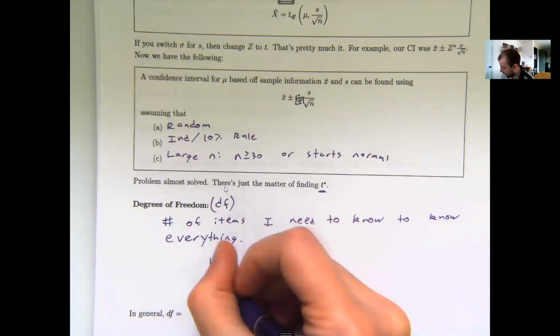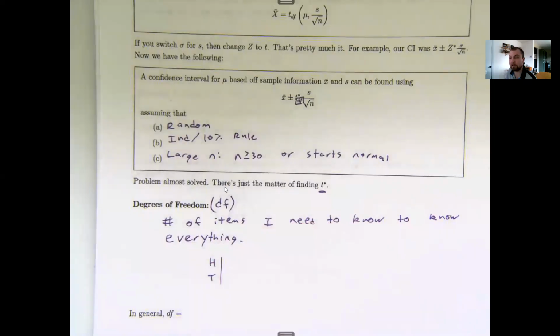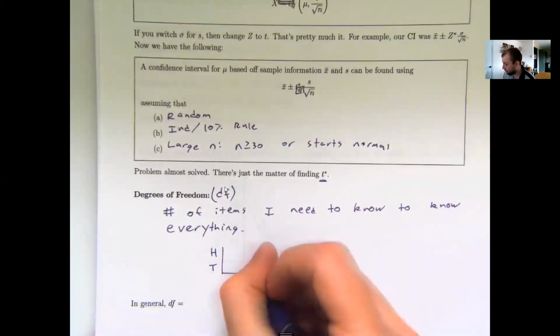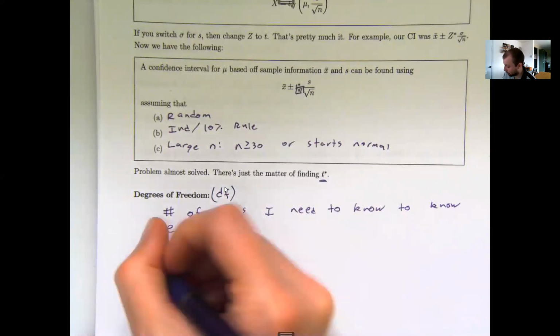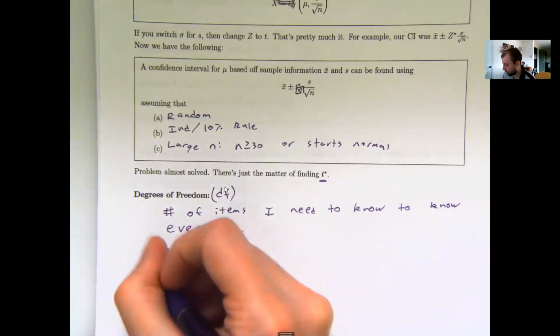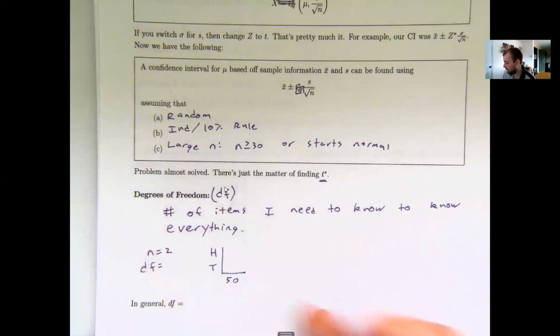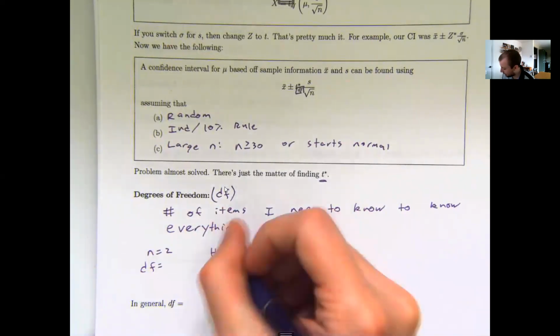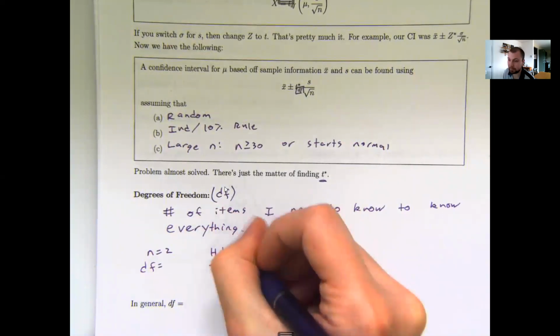So suppose I have a coin that I'm flipping, and it could be either heads or tails. And let's suppose I flip 50 times. So I'm working with n equals 2 categories, and I'm wondering what the degree of freedom is. It could be 25-25, but it doesn't have to be perfect 50-50. So let's suppose I flip a coin and I get 23 heads.